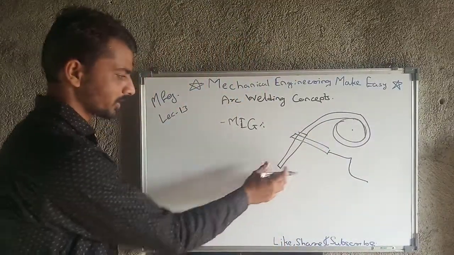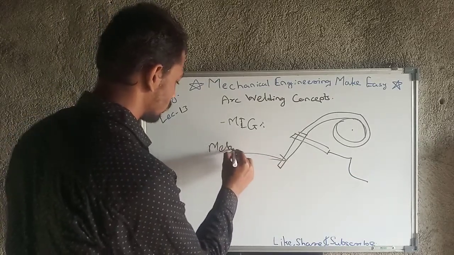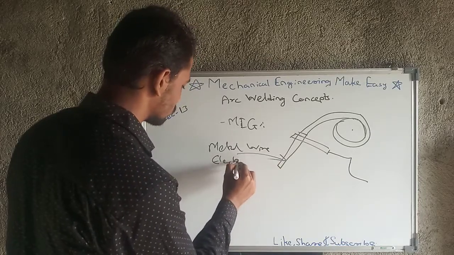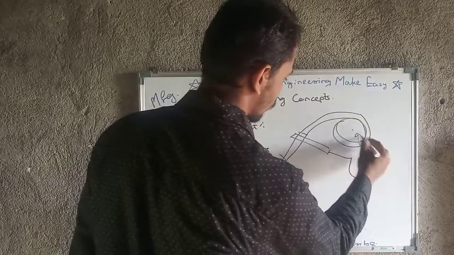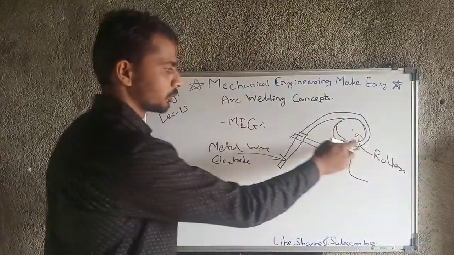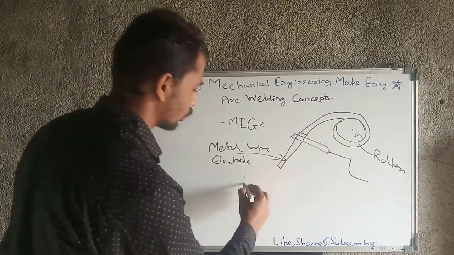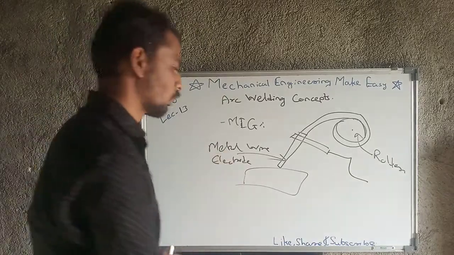The electrode is a metal wire, and this is continuously supplied from this roller. This is the supply roller which supplies the metal wire continuously to the welding process. So ultimately the extra filler material will not be required.